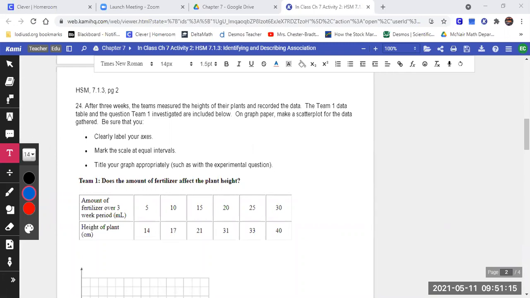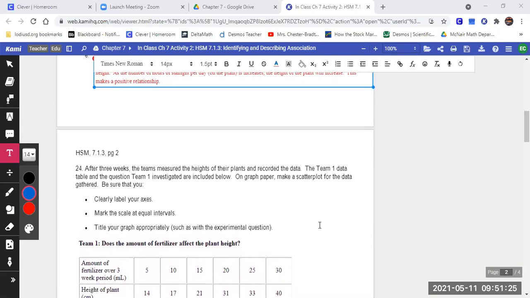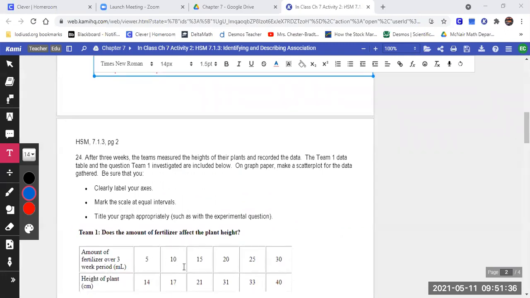That's what we said, right? So now we're going to go test it out, and we're going to do the graph for it. So the students went ahead and they measured the plant over time, and they changed up how much fertilizer the plant was getting.